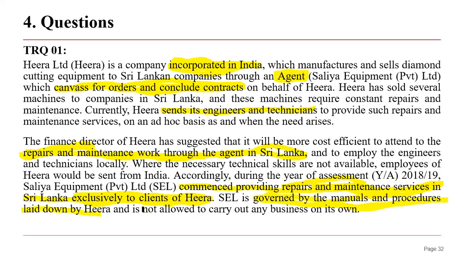And see the wording, not allowed to carry out any other business on its own. These are the conditions we discussed last week, how to determine a dependent agent, right? Then they will create a PE in Sri Lanka. So under agency PE, what we discussed.